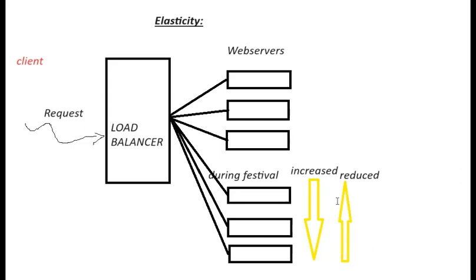We are increasing the web servers whenever we require them, and we are reducing the web servers whenever they are not required. Since we are changing these web servers based on my need, increasing or decreasing them, that increasing or decreasing of web servers, we call it elasticity.